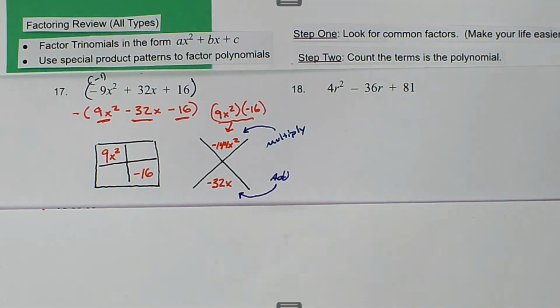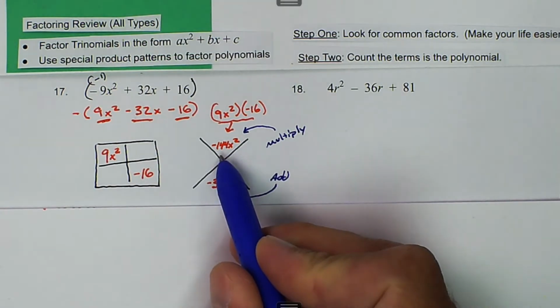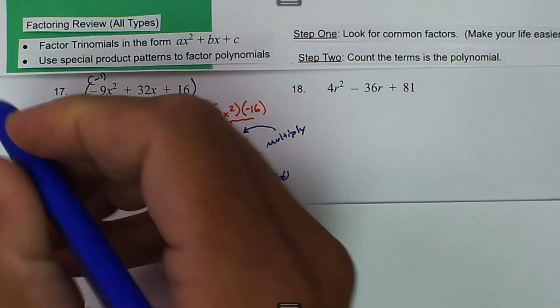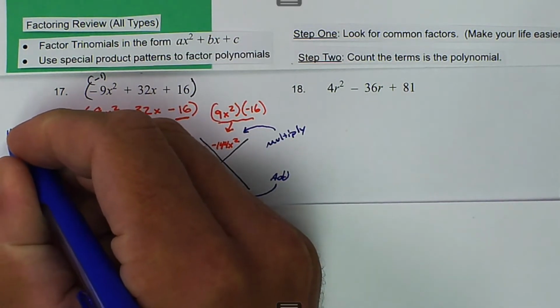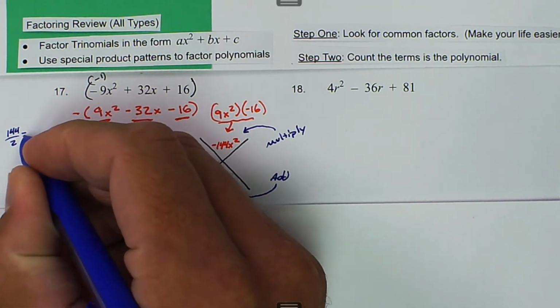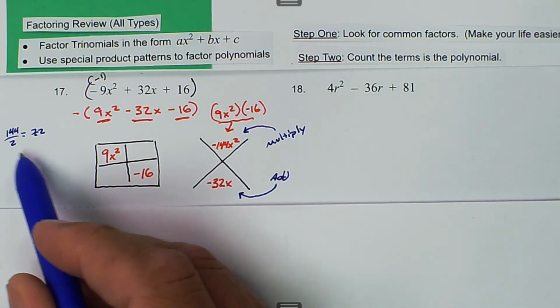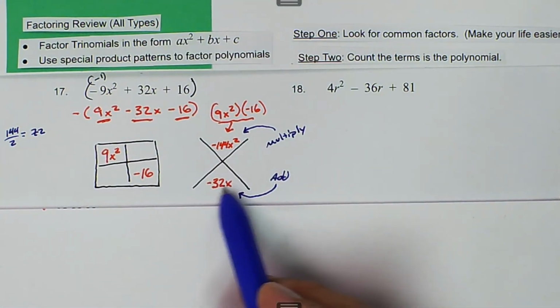So what we can do is start dividing 144 by 2. 144 divided by 2 is going to be equal to 72. 2 plus 72, does that get us close to negative 32?